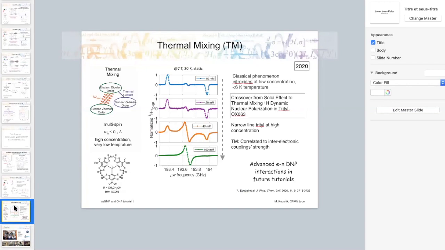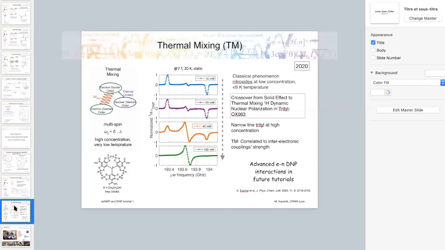Sure, no problem. And actually, Vinay had another question. So the second one is, is the DNP enhancement uniform over the sample and over the different nuclei? It generally should be uniform over the sample if we have a perfect amorphous glass.